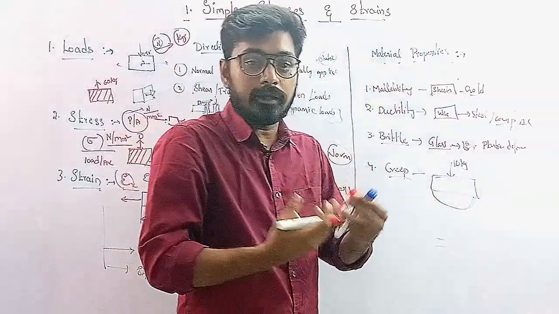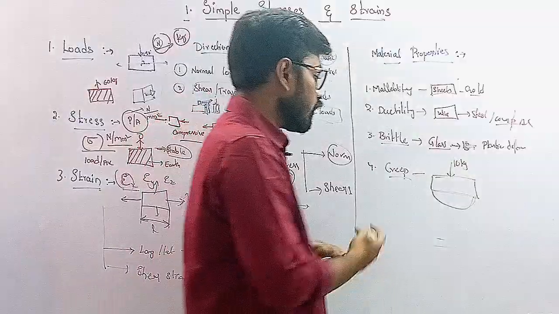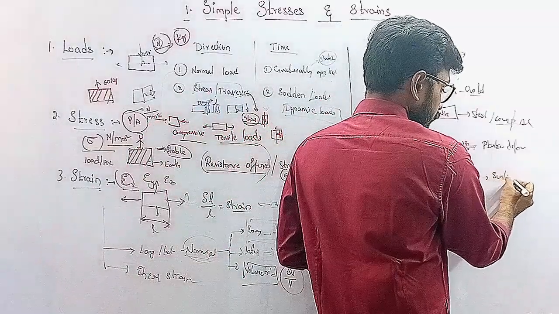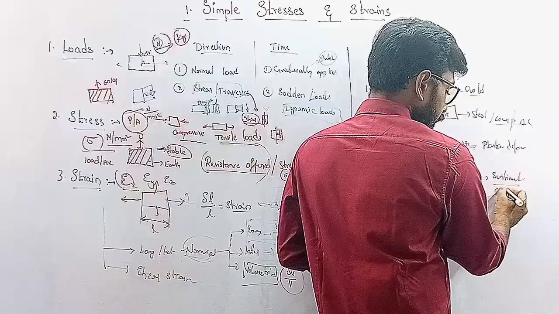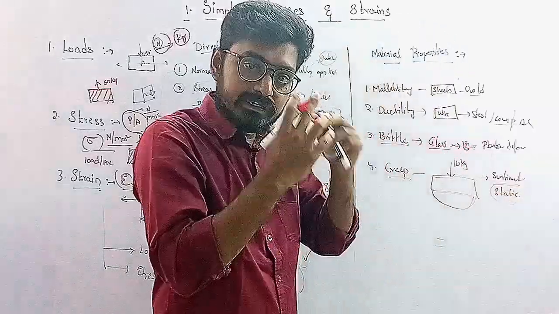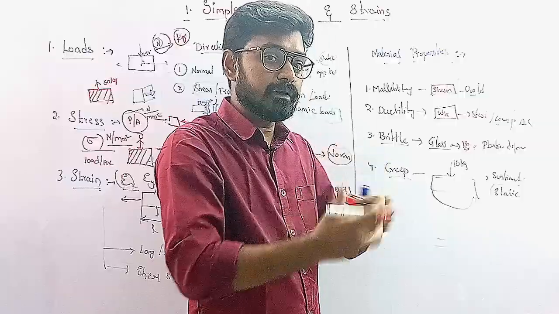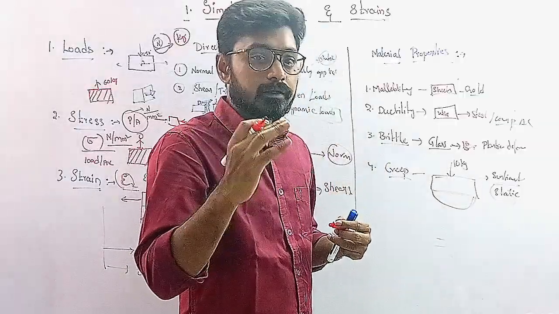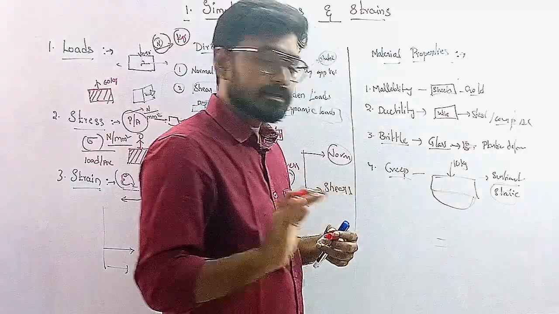That is called creep. Creep is a sustained load or static load or gradually applied load acting upon a body. It will turn the body into permanent deformation. That is called creep.